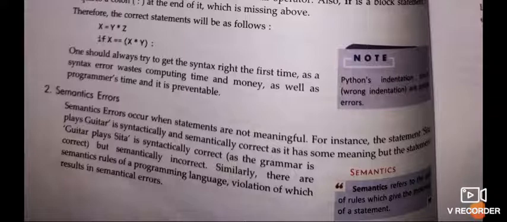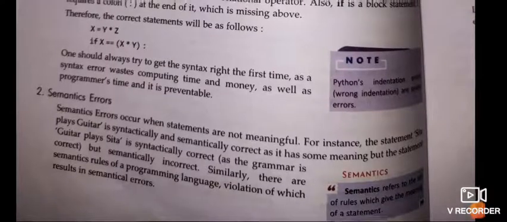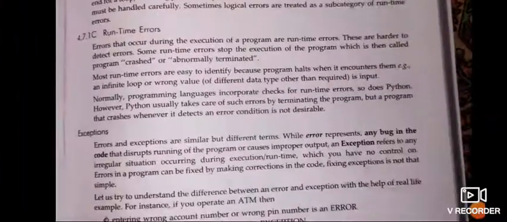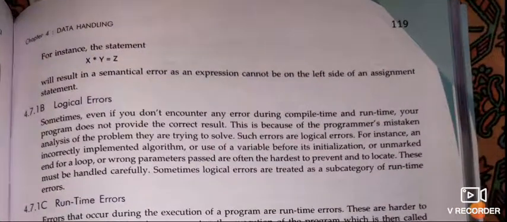Like in English we say grammatical error, here also we say semantic error. For example, in C, x star y is equals to z, this you cannot write. This z should be written on the left hand side and x into y should be written on the right hand side. So a semantic error is an expression that cannot be on the left side of an assignment statement.